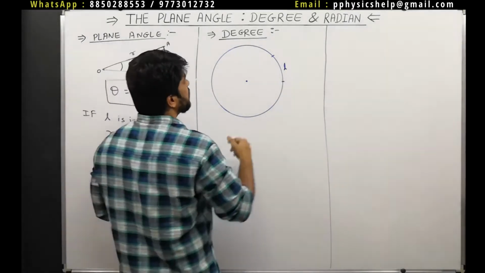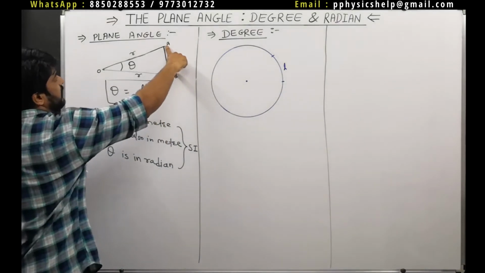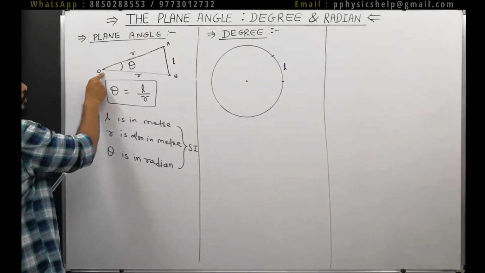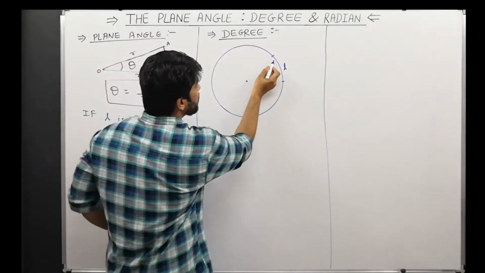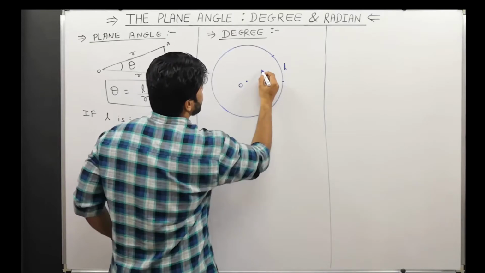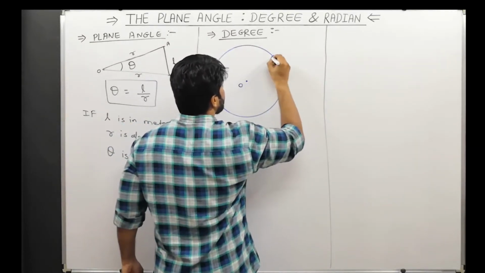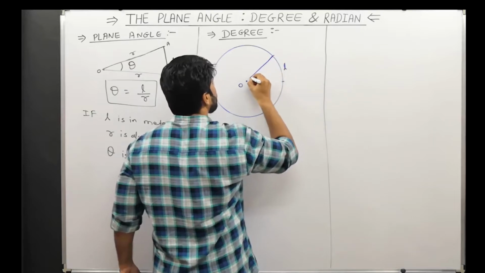Now just like this line subtends a certain angle at this point, similarly this arc that we have chosen will also subtend a certain angle with the center of the circle.